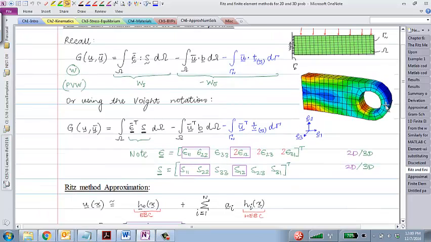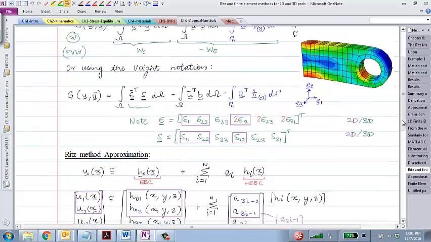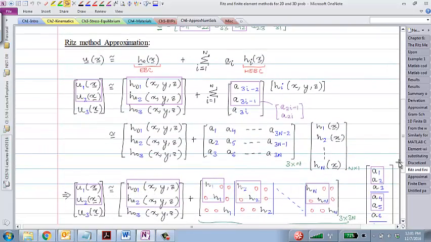So we need to somehow approximate virtual strains, which means virtual displacements, and real stresses, which can be done through real displacements. So let's see how to do that. We will say that just like we did for the 1D Ritz method, displacement, real displacement, which is a vector function, so therefore u1, u2, u3, those are the unknowns, will be equal to h0 plus sum of ai hi.